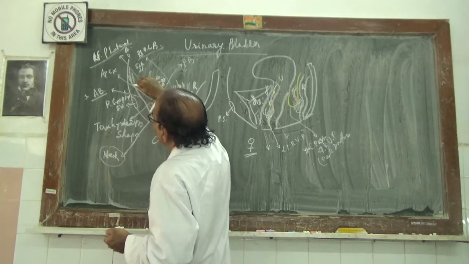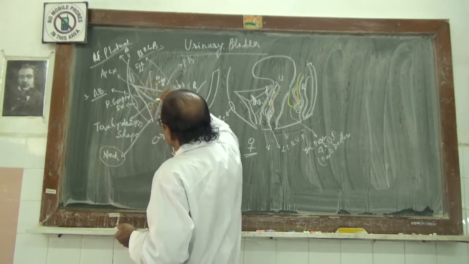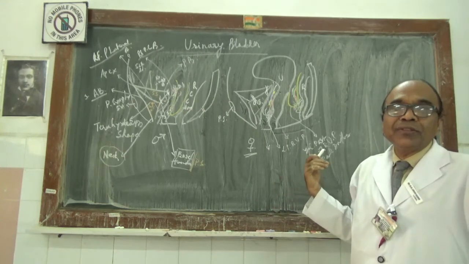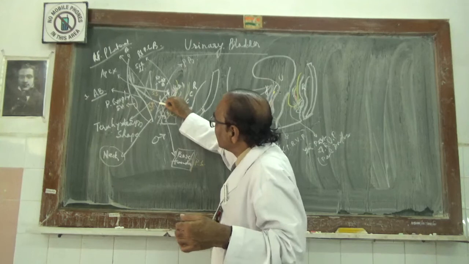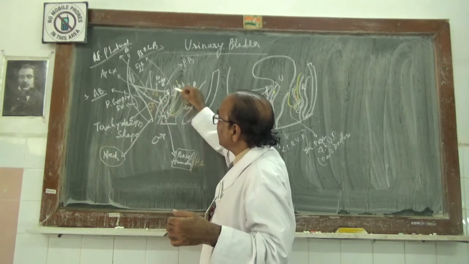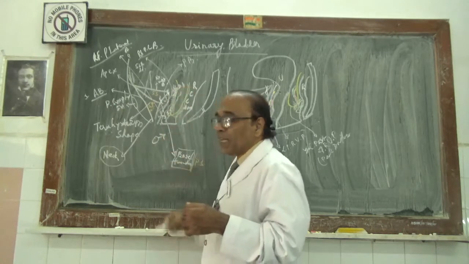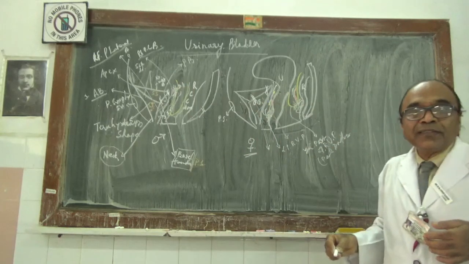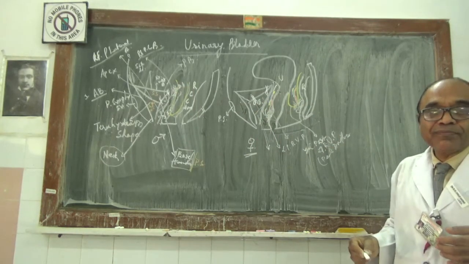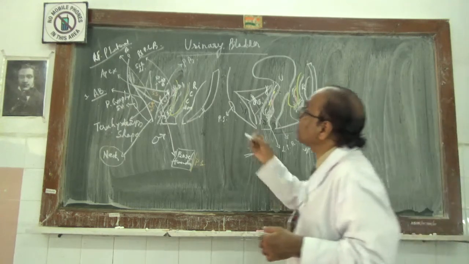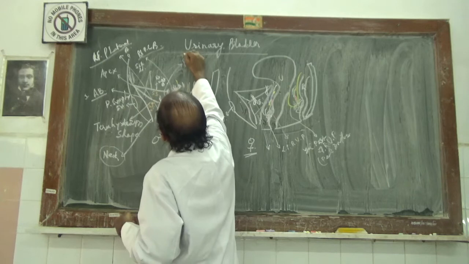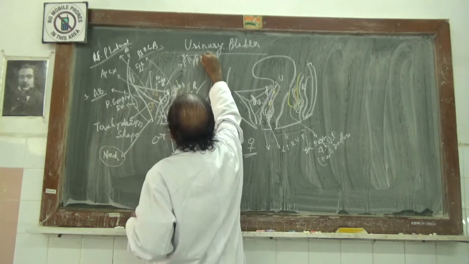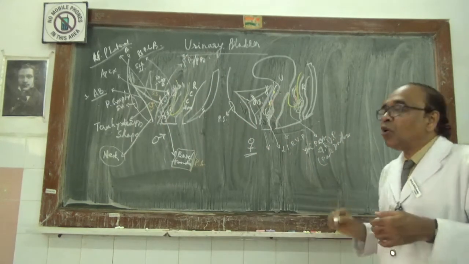They start from the apex of the urinary bladder, and they run backwards and laterally to end at the beginning of the right and left posterolateral borders, as well as the posterior border. So this is the thing.